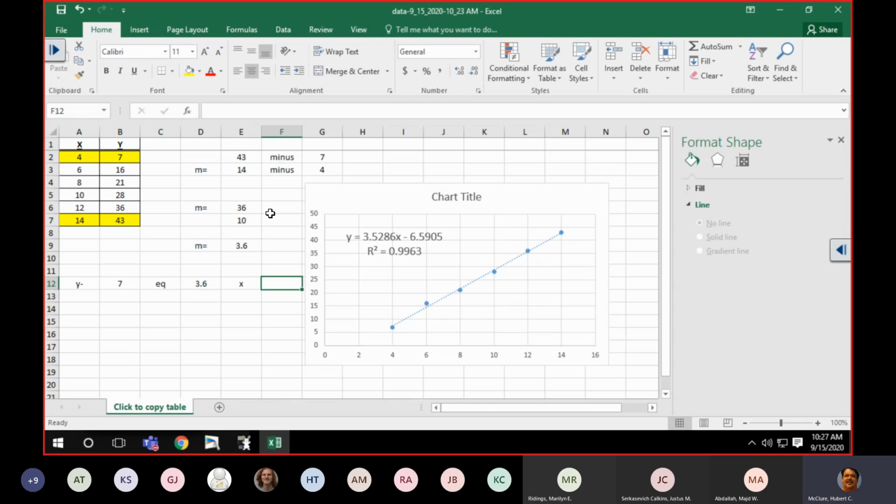Be a negative. What's 3.6 times 4? 14.4. And then that's going to be y is equal to 3.6x. And then what is negative 14.4 plus 7 would be negative 7.4? Somebody check me.